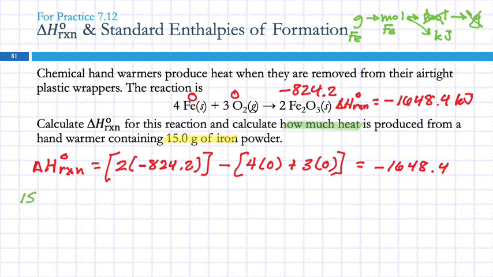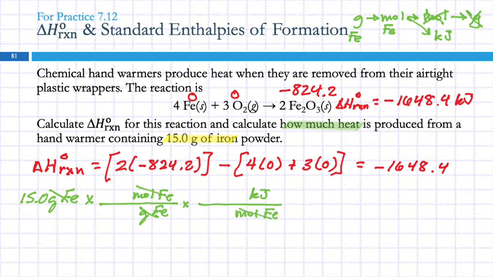So I'm going to have 15.0 grams of iron. I'm going to convert that to moles of iron, and then I'm going to convert that to kilojoules. I'm going to divide by grams of iron, so the units cancel. I'm going to divide by moles of iron, so the units cancel.